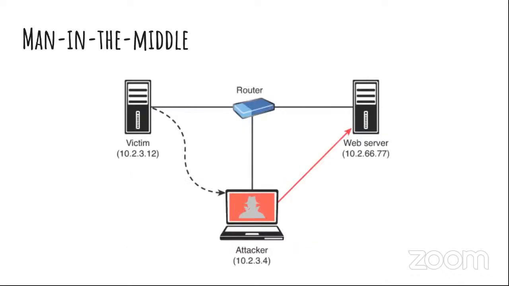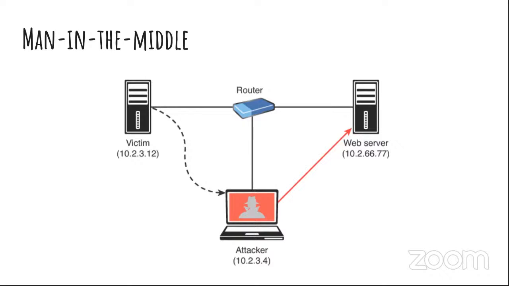The good old man in the middle, where an attacker places themselves in line between 2 devices that are communicating at either layers 2 or 3 in order to eavesdrop and/or manipulate data being transferred.